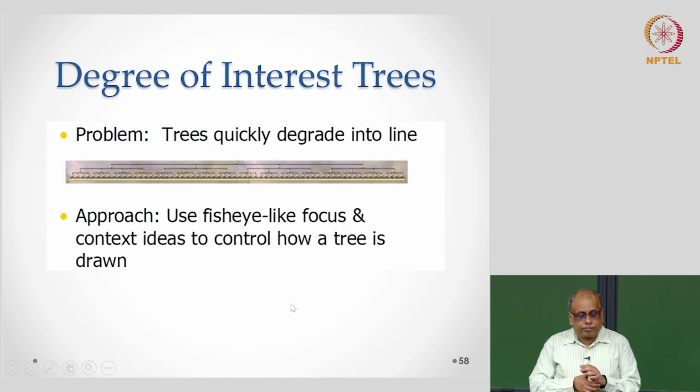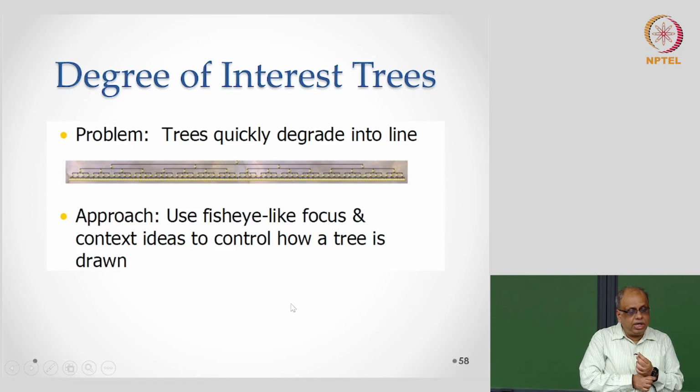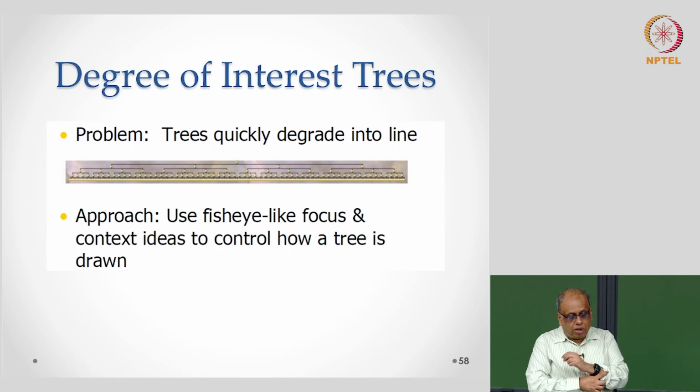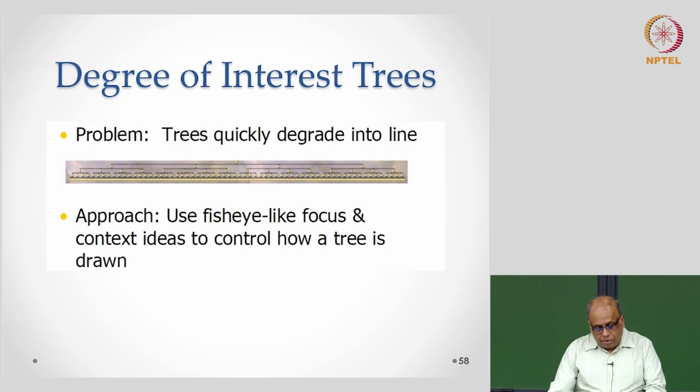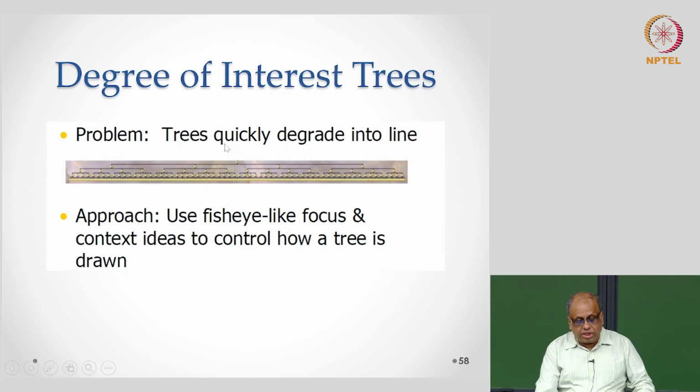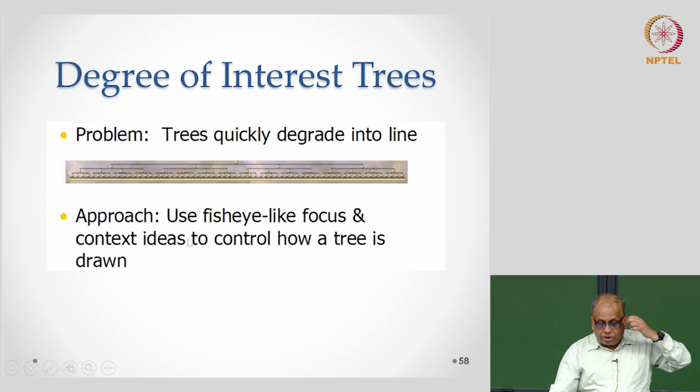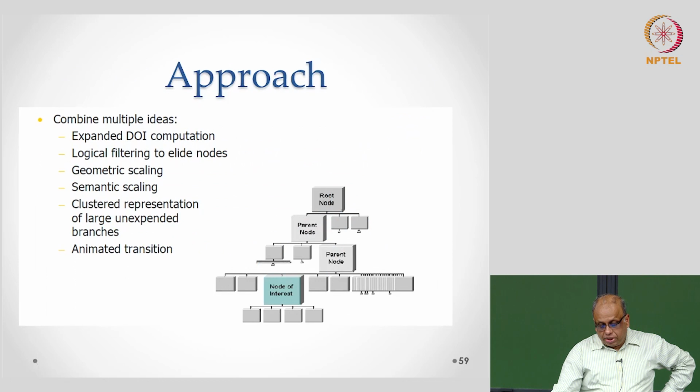Okay. So this focus plus context technique has been used a lot for various kinds of visualizations. For example, degree of interest is another approach which uses a fisheye-like focus and context idea to draw a tree.